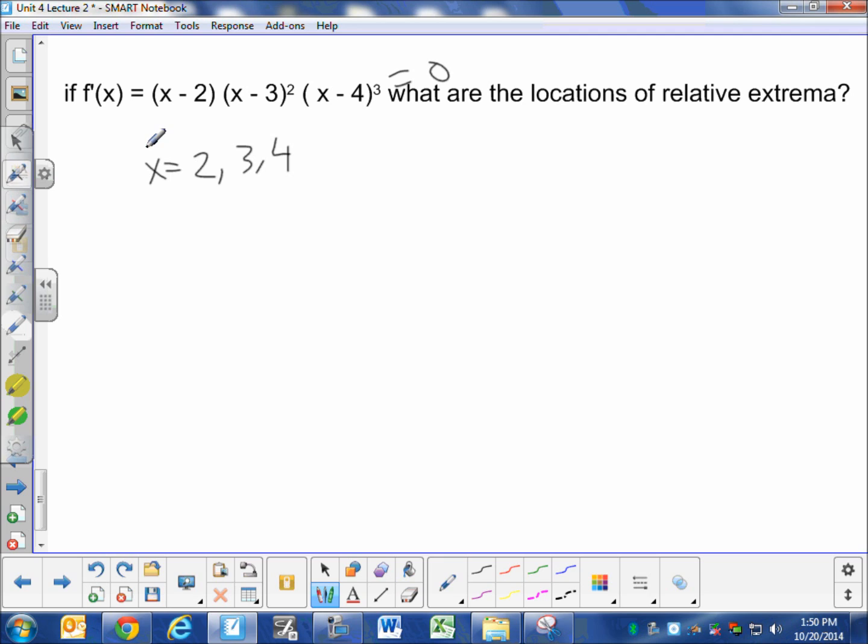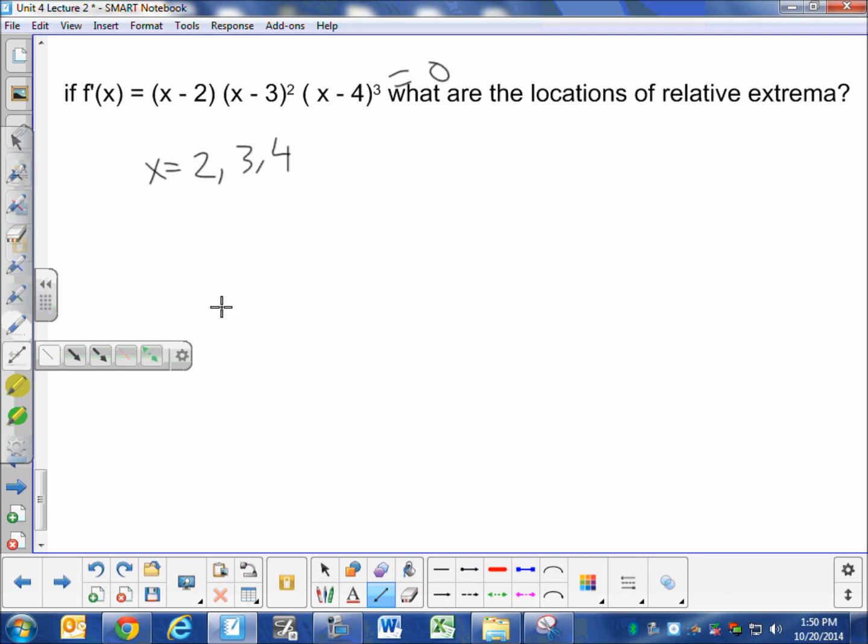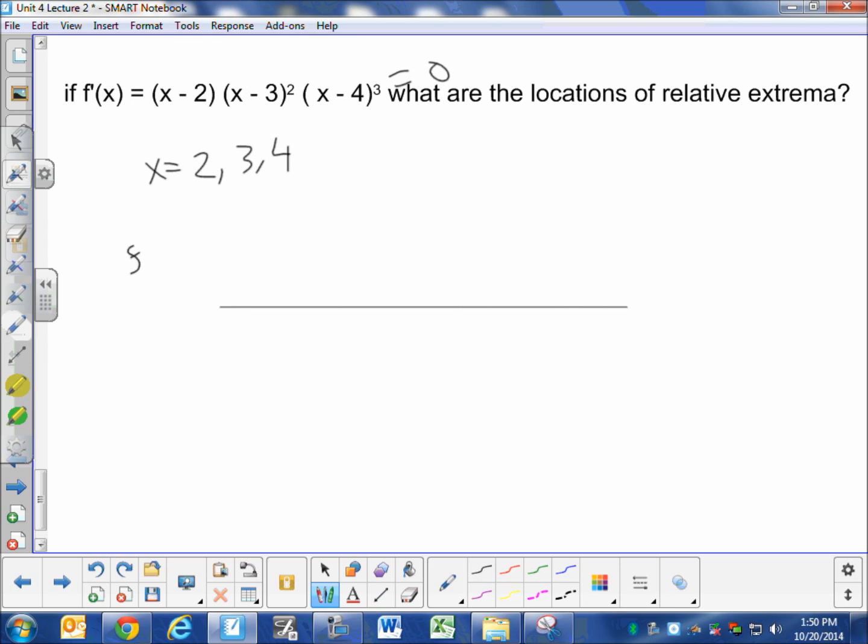Well, this example is why it's so important to check the signs of f prime at these locations and around these locations. So let's go from left to right. Let's start with 0.